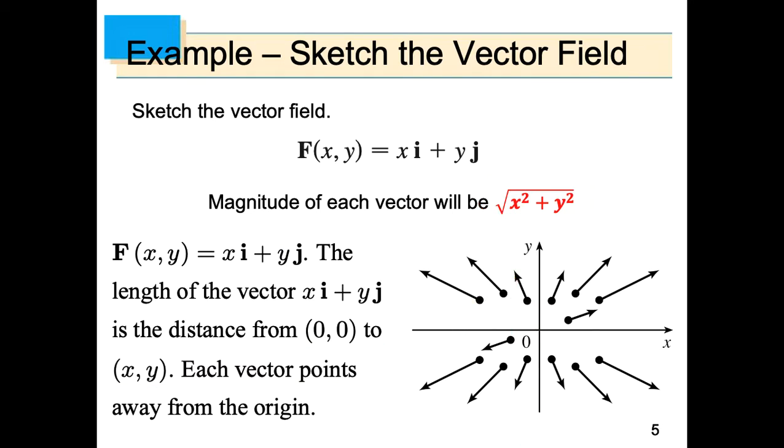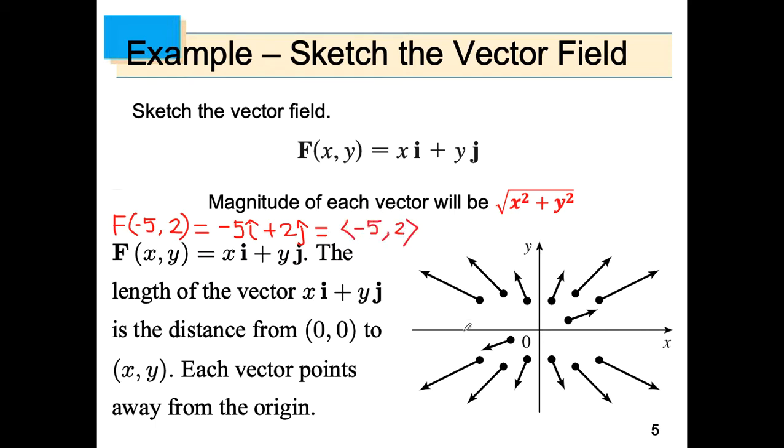Let's try the point -5, 2. The vector at -5, 2 can be represented with -5 i hat plus 2 j hat, or it can also be represented with vector notation with the vector brackets.